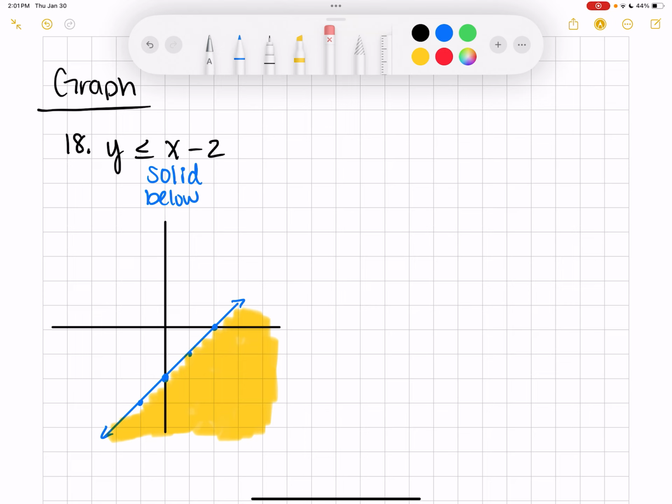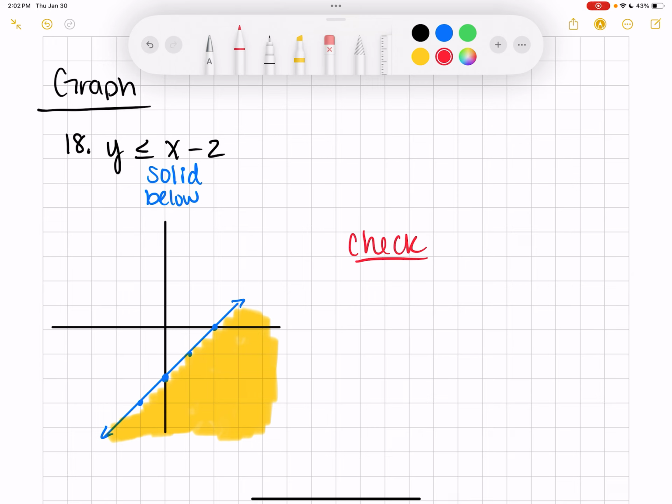Now, to check this, to verify that we shaded correctly, because obviously this is brand new stuff, I'm going to pick a point down here in my shaded region, and I'm going to check it up here. Now, you don't need to check every single one of them, but it's good to have as a resource. So, I'm going to pick a point over here in this area that is yellow and make sure that I shaded correctly.